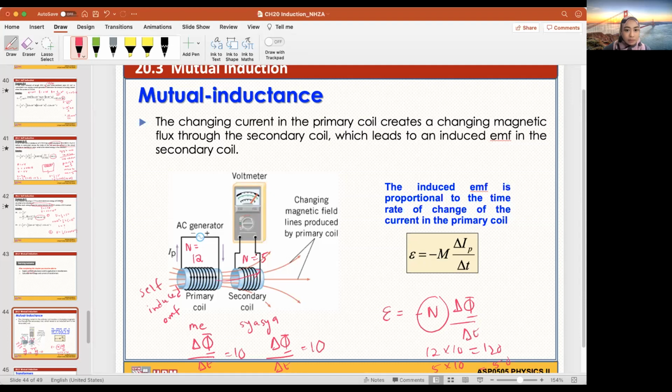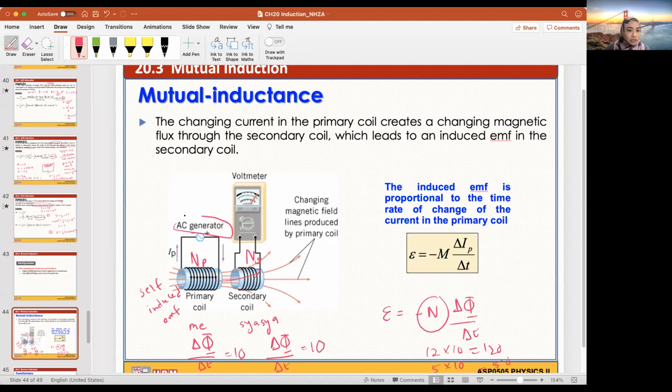Okay, again, I'm going to repeat myself. We have two coils. The primary coil has a certain number of turns, called N subscript P. And the second coil is called the secondary, N subscript S. The primary coil has an external battery or external AC generator.